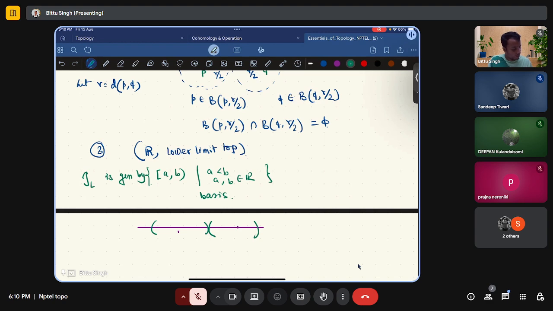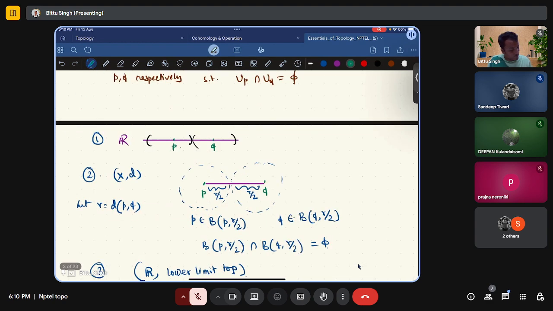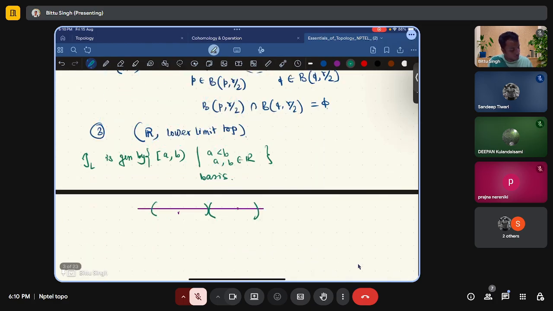So we can separate by the previous open sets, for any 2 points P and Q. Just take the open ball with radius (P+Q)/2, and similarly B(Q).